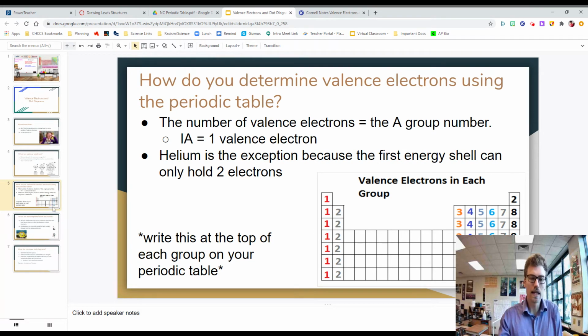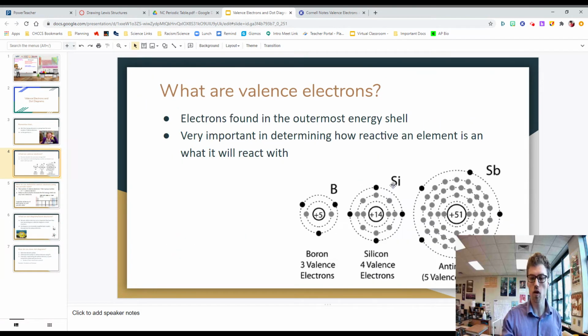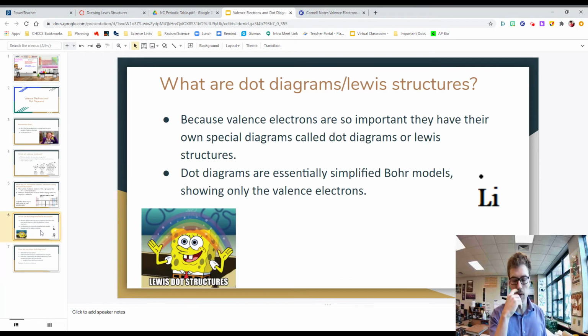Now, like I mentioned before, drawing these Bohr models is kind of a chore in order to visualize the number of valence electrons. So what scientists have done is they've simplified this and they draw what are called dot diagrams, or sometimes called Lewis structures. That's because valence electrons are super important, so we draw these special structures.